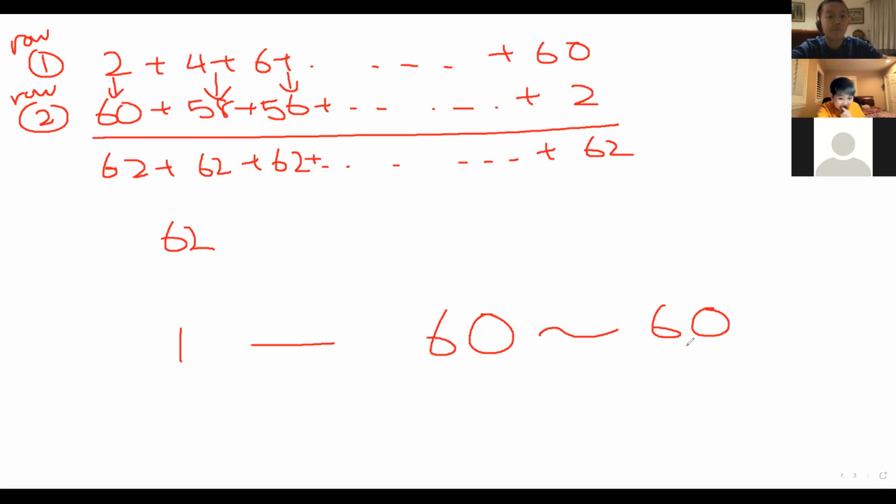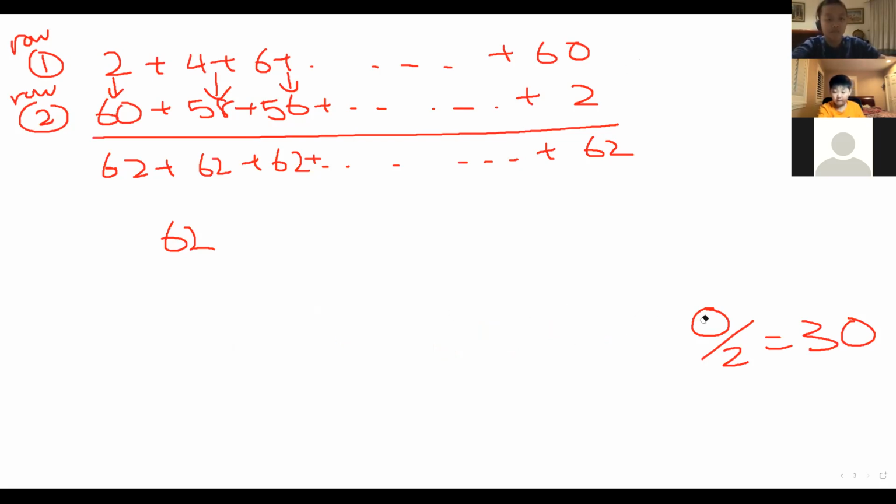So half of all those numbers, which are all odd, are discarded. We don't count them. So we can divide this by 2. That gives us 30. From 1 to 60, there's 60 in total. Even is half of all of those. So there are 30 numbers in total.